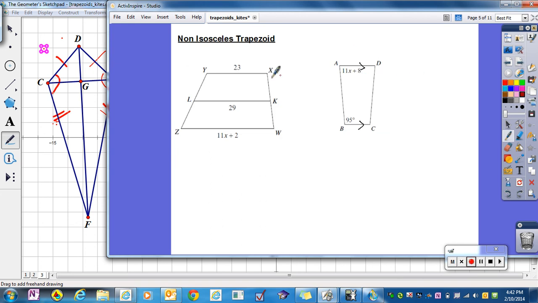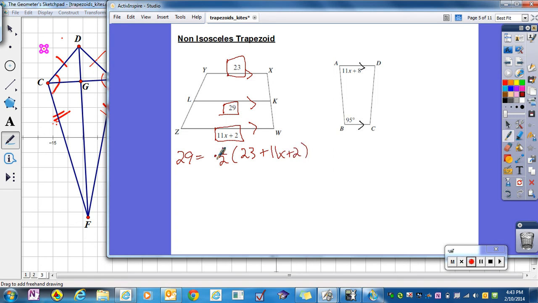Alright, now let's take a look at these other non-isosceles trapezoids. So again, my two bases and my median will be parallel to each other. So I'm going to have 29, which is my median, is equal to 1/2 of base 1, which is 23, plus base 2, which is 11x plus 2.